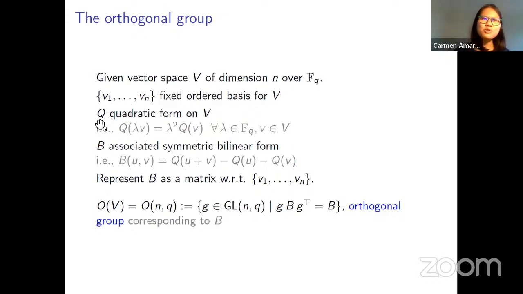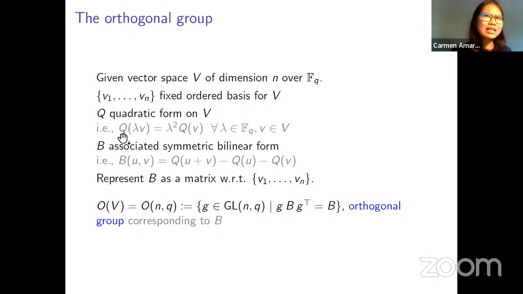We suppose we have a quadratic form Q on V. So what is a quadratic form? This is a mapping from V to F_q, such that for any scalar lambda and any vector v, Q of lambda times v is equal to lambda squared times Q of v.